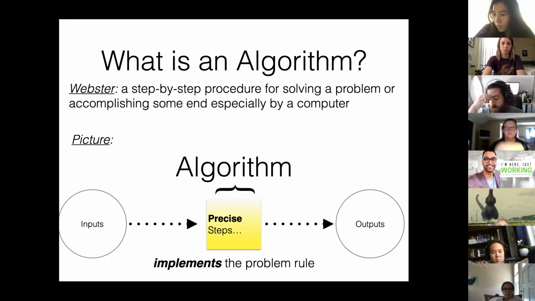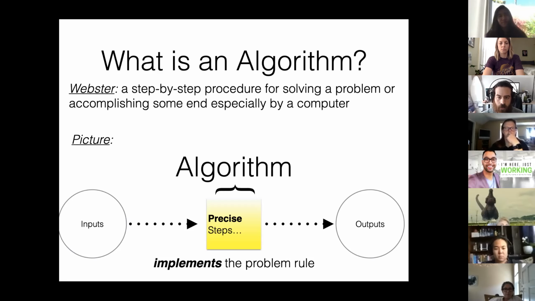And when I say precise, that doesn't necessarily mean code. That doesn't necessarily mean software, right? As long as you describe the inputs, the outputs, the rule, and the algorithm itself precisely, you could do that. You could do that in Ruby. You could do that in pseudocode, which I'm sure many of you have seen. You could do that in natural language.